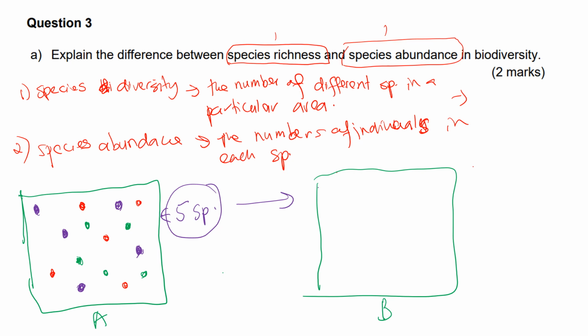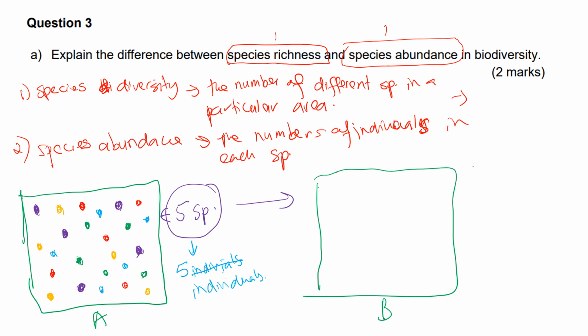The red, the purple, the green, 3, and then orange, 5, and then we have the blue species, 5. So 5 species. Each species will have, for example, 5 individuals.